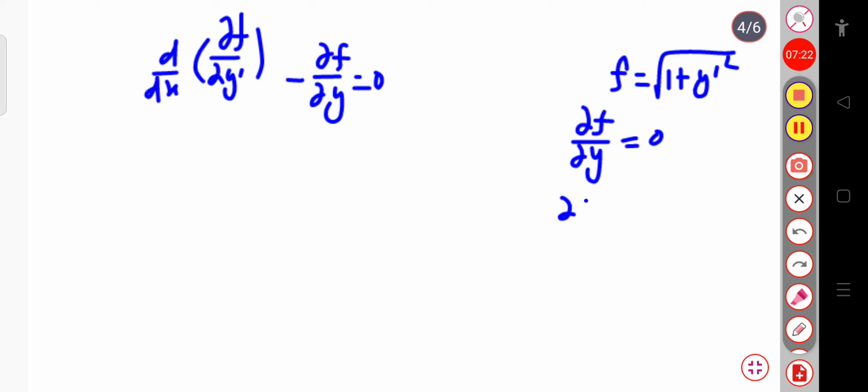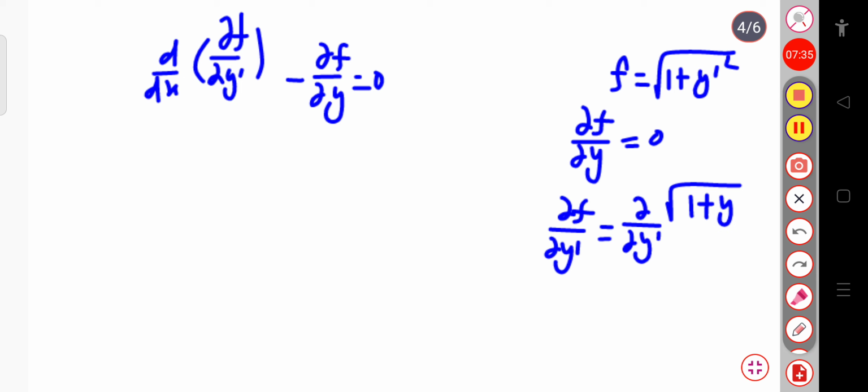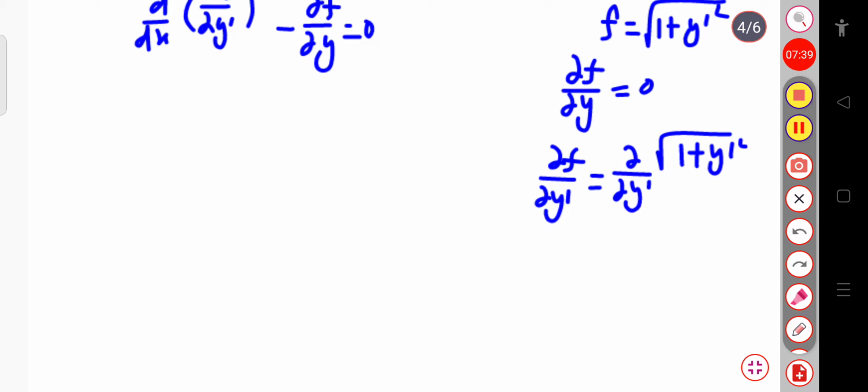And now if we take the derivative with respect to y′, the function contains the y′ term, so I can calculate ∂/∂y′ of root over 1 plus y′ square. This is (1 plus y′ square) power 1 by 2.